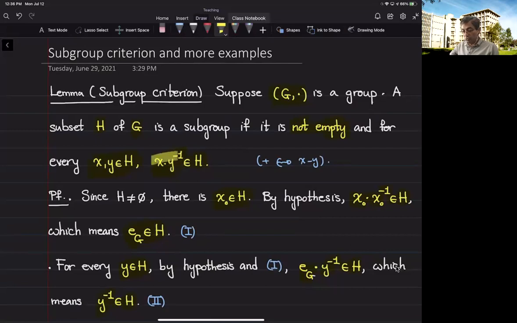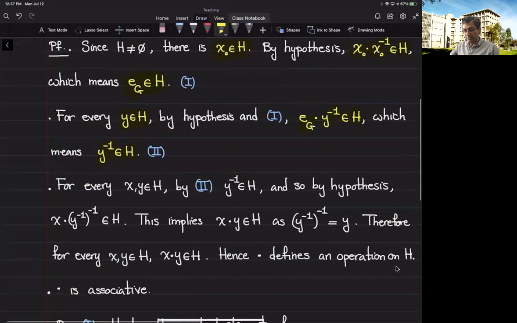So I need to use the same thing, but not for the pair x and y, but rather for the pair x and y inverse. But I have to point out why y inverse is actually inside H, and that we have proved in here.